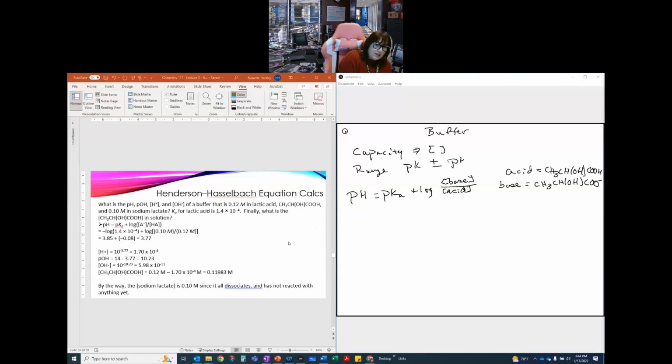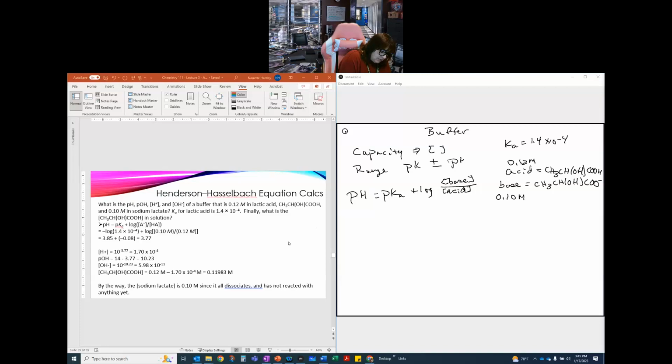Okay, now concentration of the acid. I know that this is 0.12 molar in the acid and 0.10 molar in the sodium lactate, which completely dissociates to give me the lactate ion and the sodium ion. Okay, so now I can put some things in here, right? Because I have a Ka equal to 1.4 times 10 to the minus fourth.